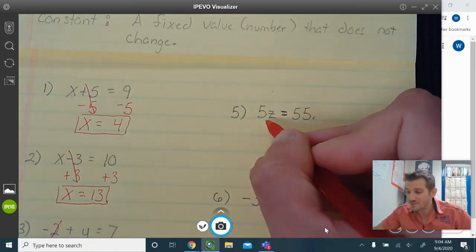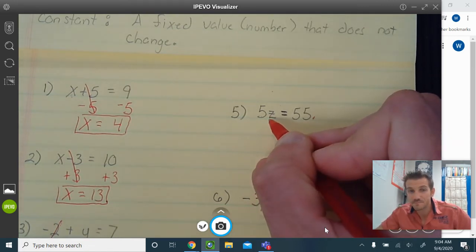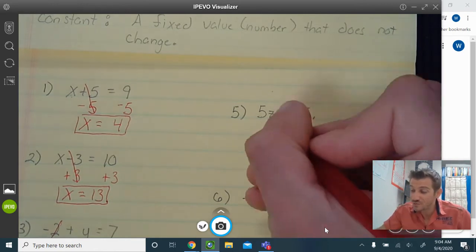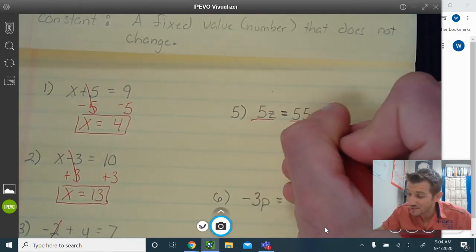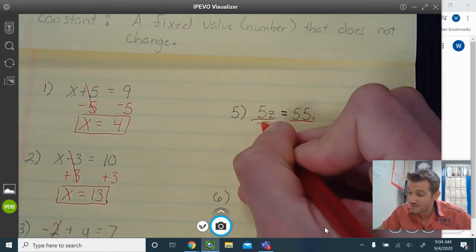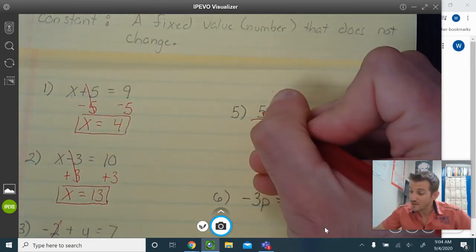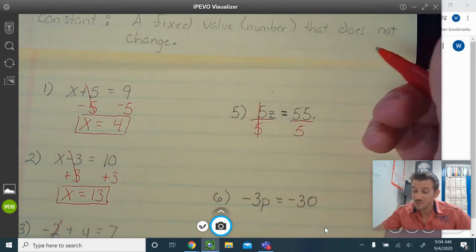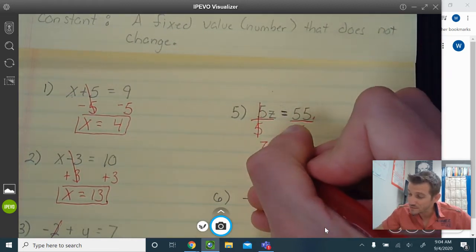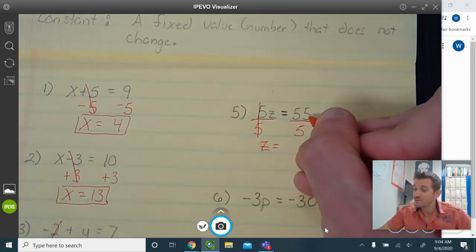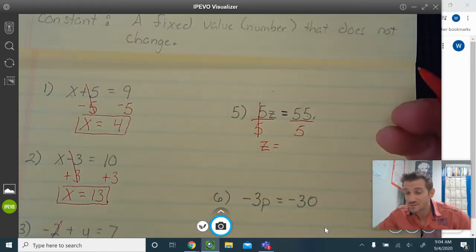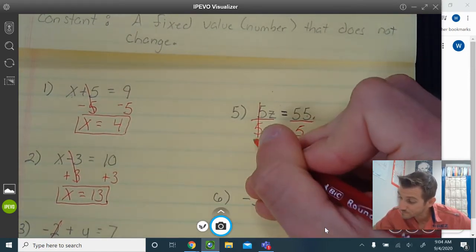What is the opposite of multiplication? That would be division. So I need to divide both sides by this positive 5. So 5 over 5 does cancel out. It's really 1. 1z is equal to 55 divided by 5, which is in fact 11.